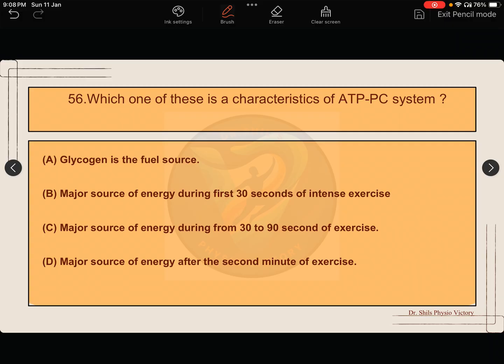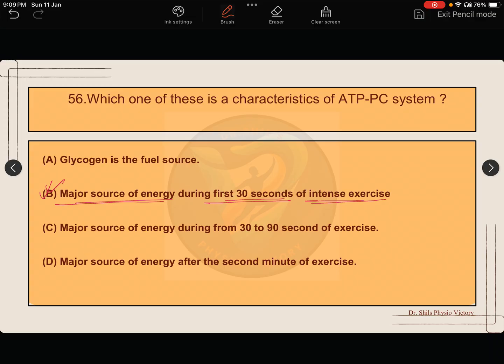Option C, major source of energy from 30 to 90 seconds of exercise. Option D, major source of energy after the second minute of exercise. Here, the correct answer is option B, major source of energy during the first 30 seconds of intense exercise.